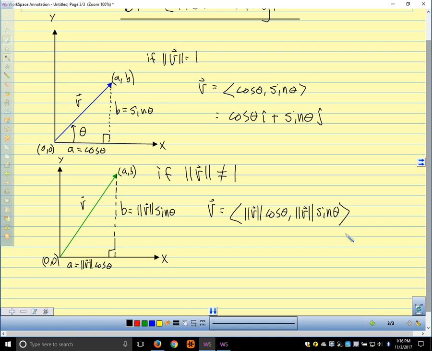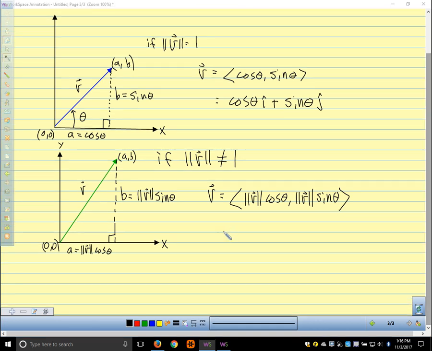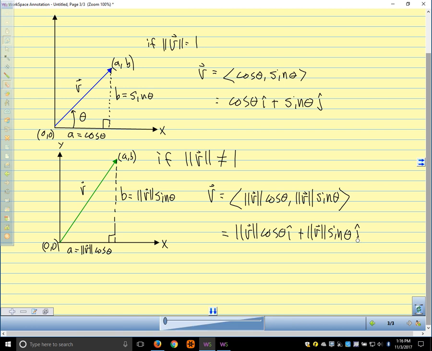So all we need to know about the vector in this case is its magnitude and the direction, the angle that it makes with the positive x-axis. And this is the same as writing the magnitude of v cosine theta i hat plus the magnitude of v sine theta j hat. Component form and in terms of the standard unit vectors.